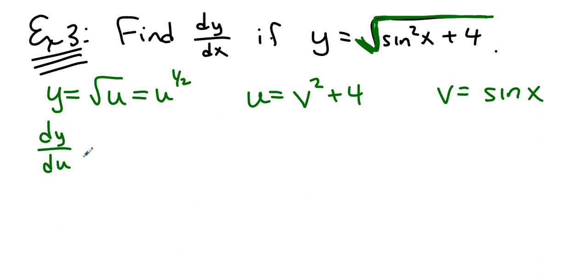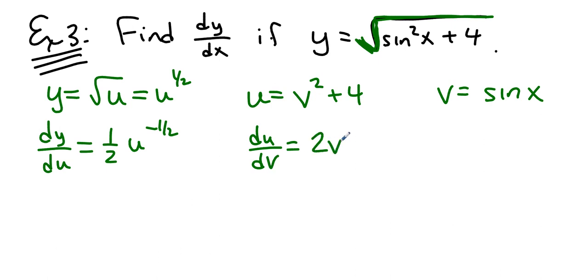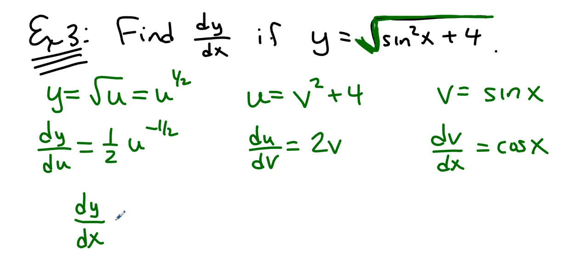So we take the derivative of y with respect to u, power comes down in front, exponent decreases by 1. We would take the derivative of this polynomial, no trouble, and we would take the derivative of the sine function. We've got that. So when we want dy/dx, we string these together.